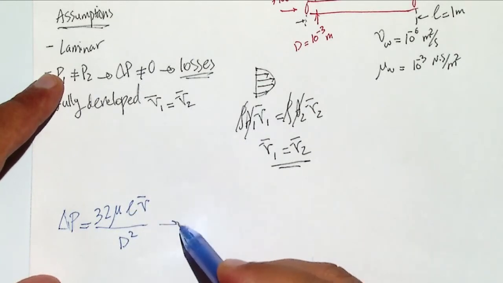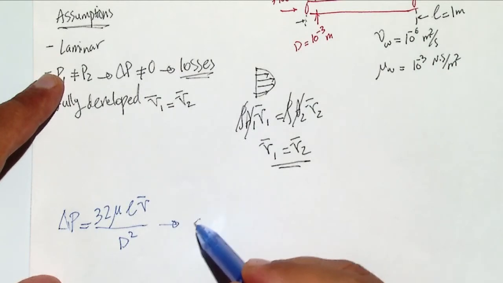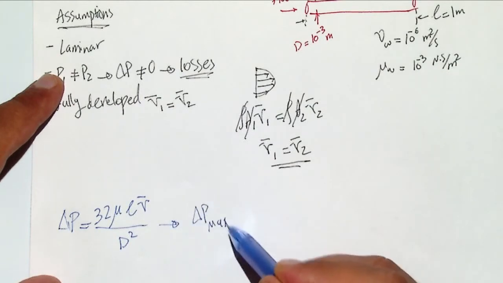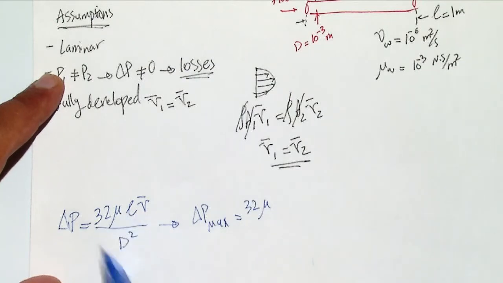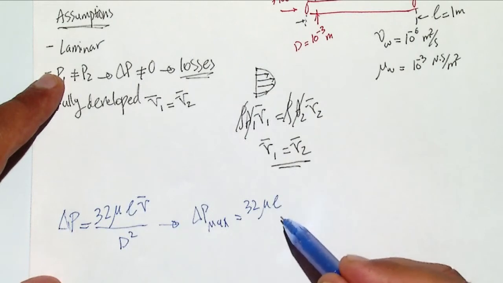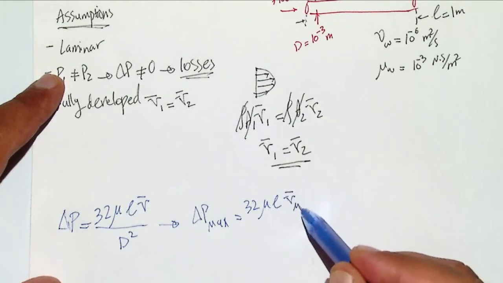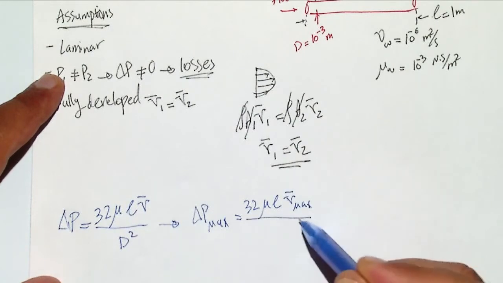You only have the assumption that the flow is laminar, and you have to find delta P maximum, which happens when the velocity is maximum, because these are all constant, right? You don't change the pipe dimension, so L and D are constant, and mu of the flow is constant, so you are not going to change anything except the velocity, which is maximum.